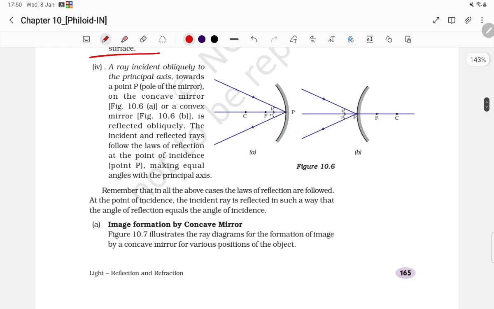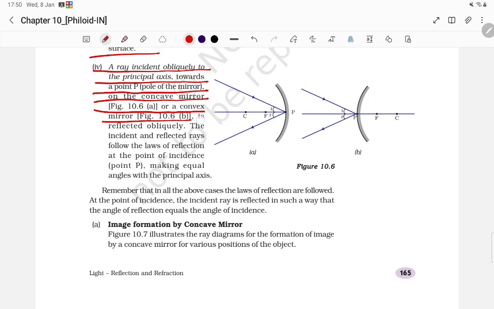The fifth one: a ray incident obliquely to the principal axis towards the point P, the pole of the mirror, on a concave mirror or a convex mirror, is reflected obliquely. The incident ray and reflected ray follow the law of reflection at the point of incidence, making equal angles.